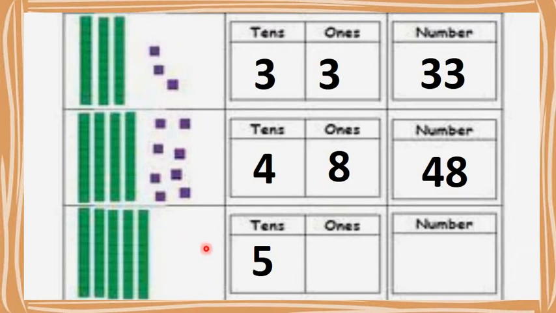What should we write in the ones place? By observing this pattern, what do you say? We should write a 0 in the place of ones. And which number does it form? It forms the number 50. And we can also say that 50 is equal to 5 tens and 0 ones.